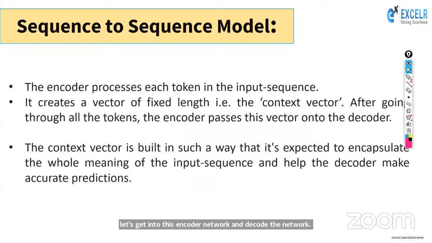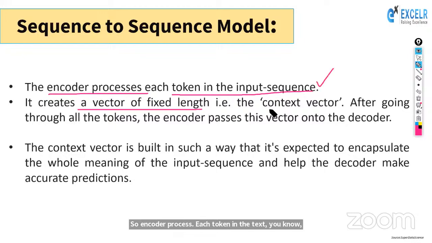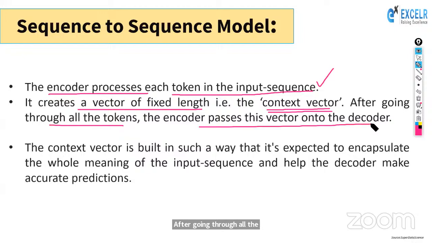So guys, before that, let me explain the things related to encoder and decoder. Encoder processes each token in the text input sequence. It creates a vector of fixed length, which we are calling the context vector. After going through all the tokens, encoder passes this vector onto the decoder.